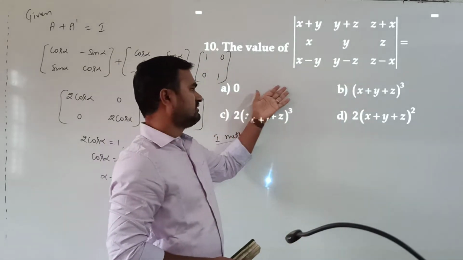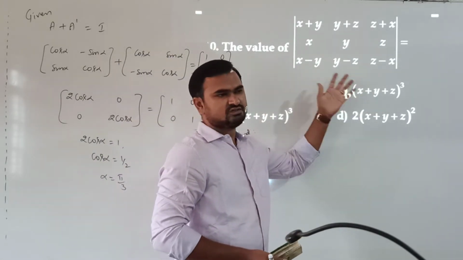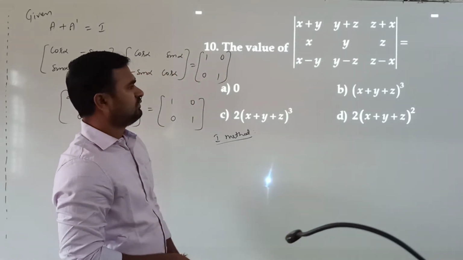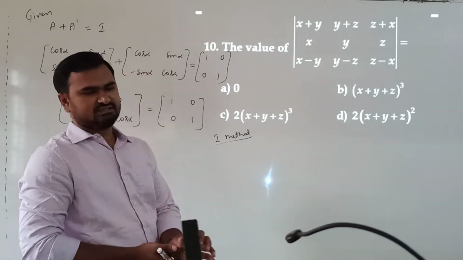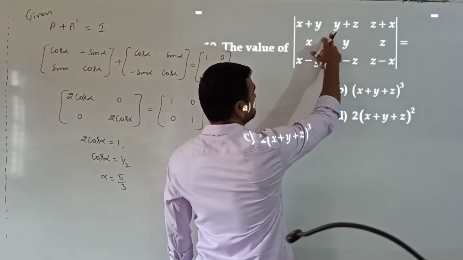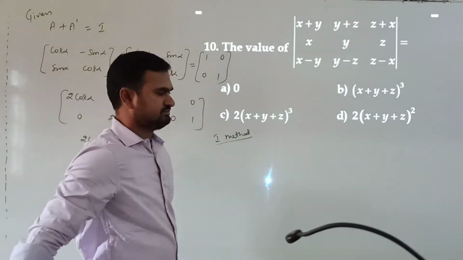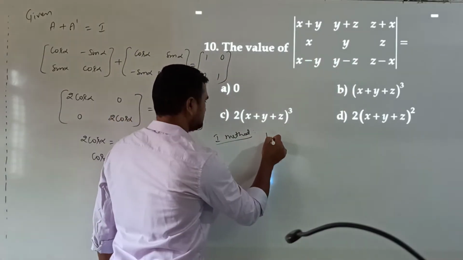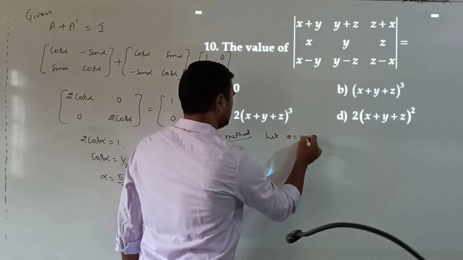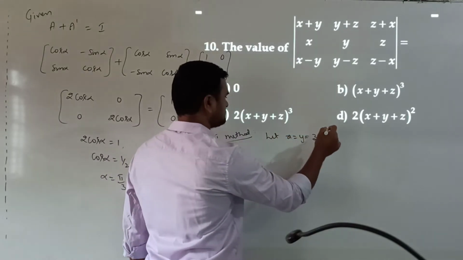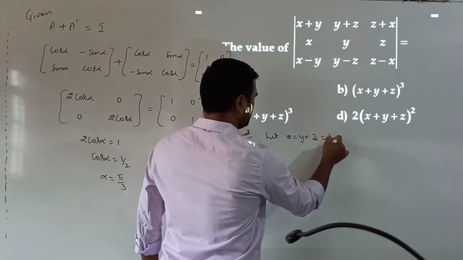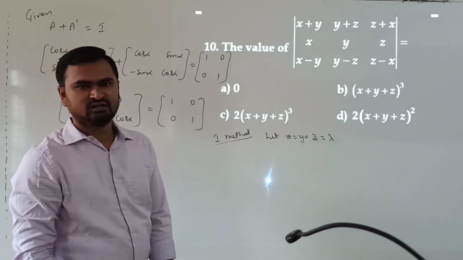Options are also in terms of x, y, z. So one verification we can do is, let us take all three values as equal, x equal to y equal to z equal to some lambda.